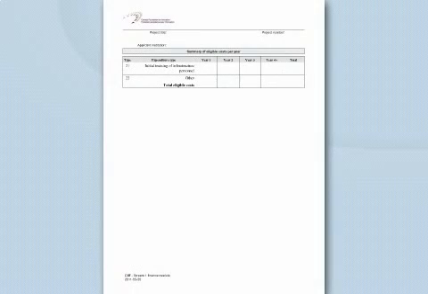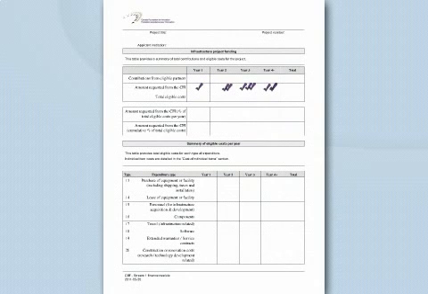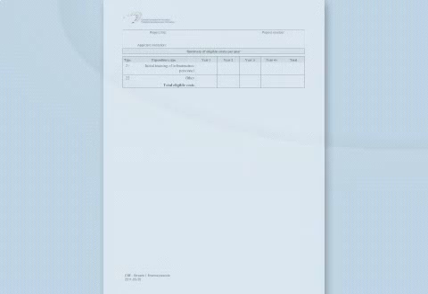On the previous page, you will have a summary section where all the items, all your equipment, lease, personnel, all the estimates in those categories will be summarized.